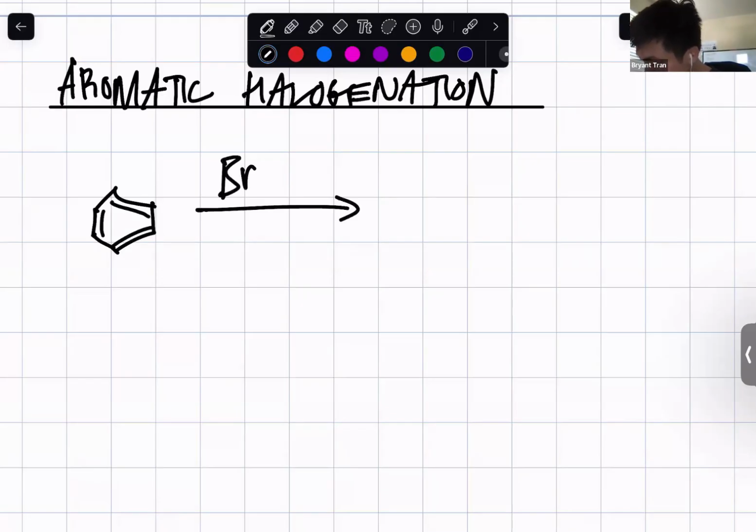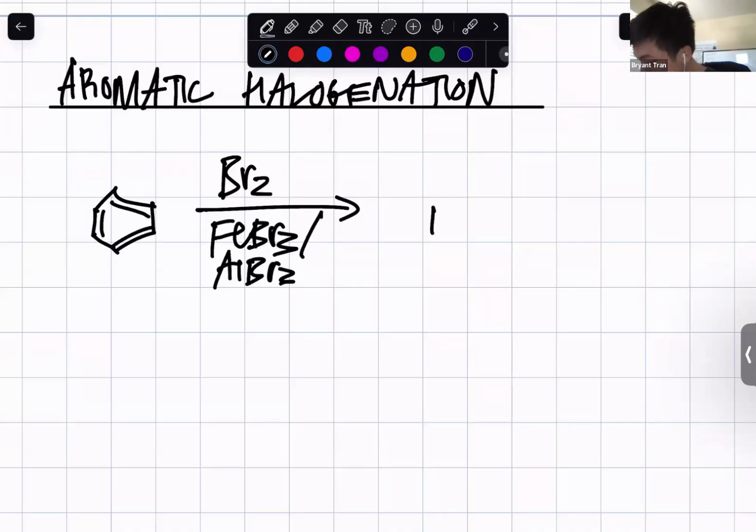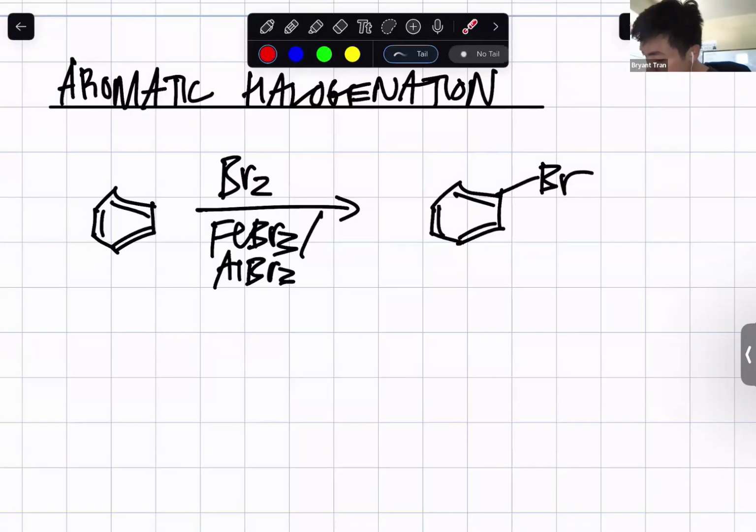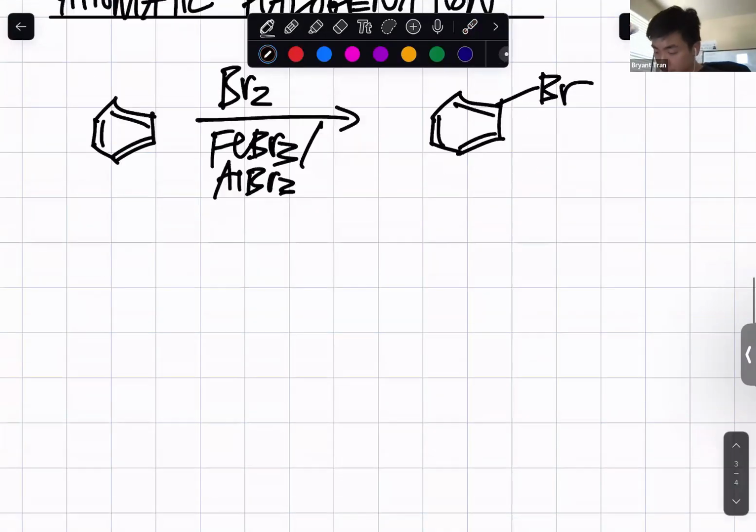We can have Br2 and then Lewis acid catalyst FeBr3, right? It could have also been AlBr3. But what that would do is substitute one of the protons with the bromine, like one of the hydrogens of the benzene would be substituted with the bromine, like that. Now here's the mechanism.